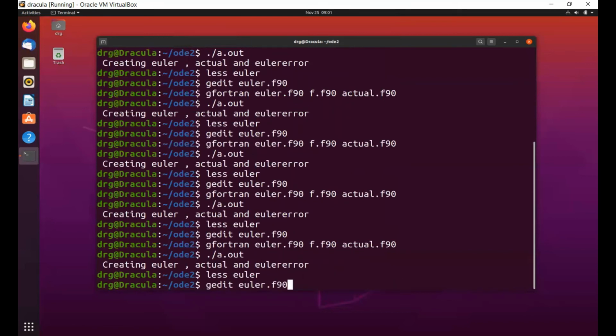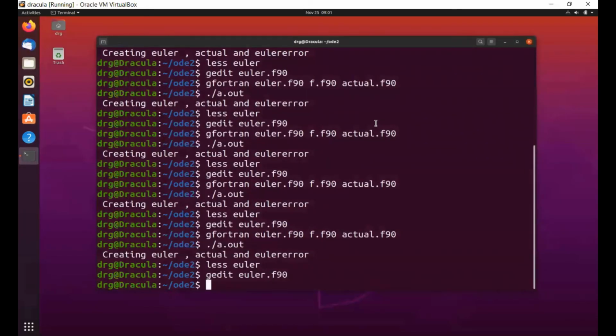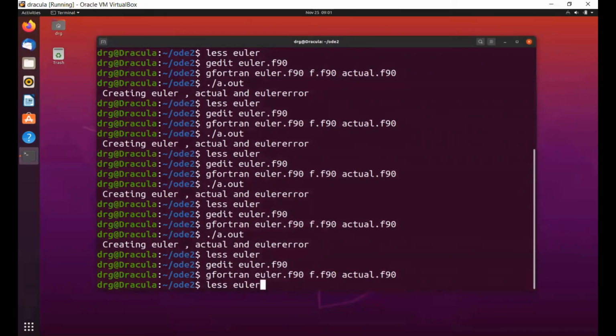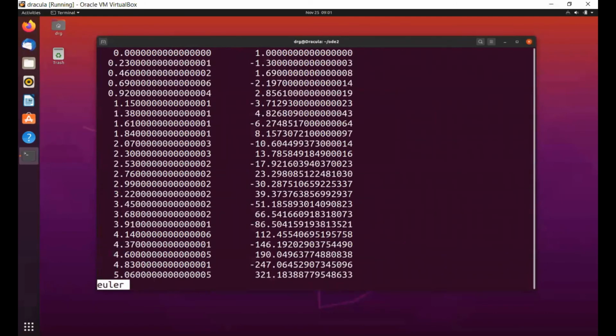And lastly, for Euler, 100 is below the cutoff here, the line between the good behavior and the bad behavior. Solutions: 1, negative 1.3, positive 1.69.